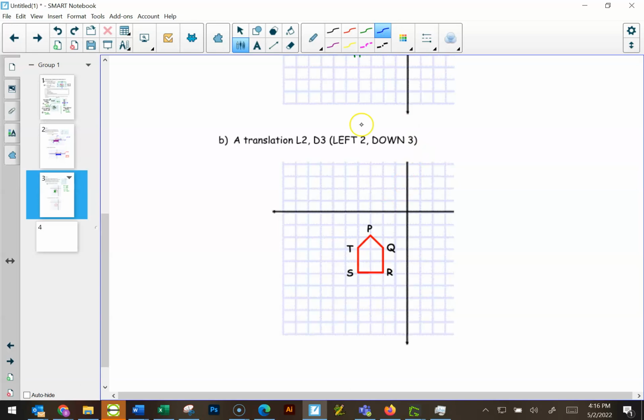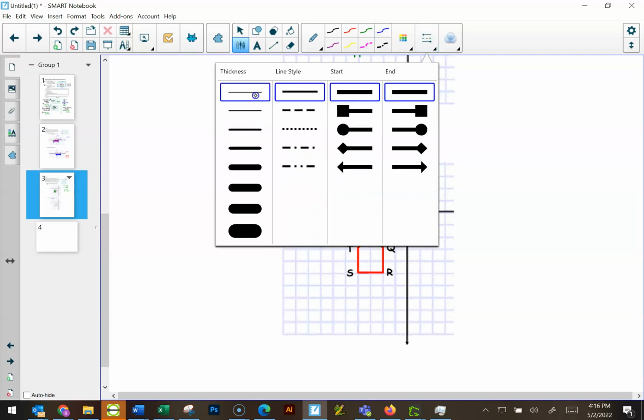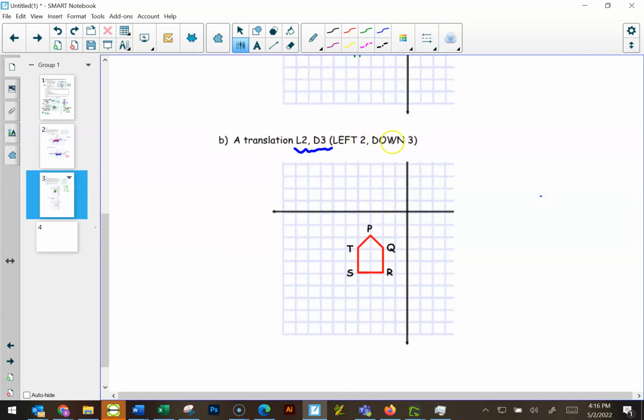The next one is a little bit more complicated, but not really. It's left 2 and down 3. So each point goes left twice and down 3 times. Let's start with the P again. 1, 2, there's the left 2. Now 1, 2, 3, which means my P prime ends up right there. And again, the object does not change size or shape.